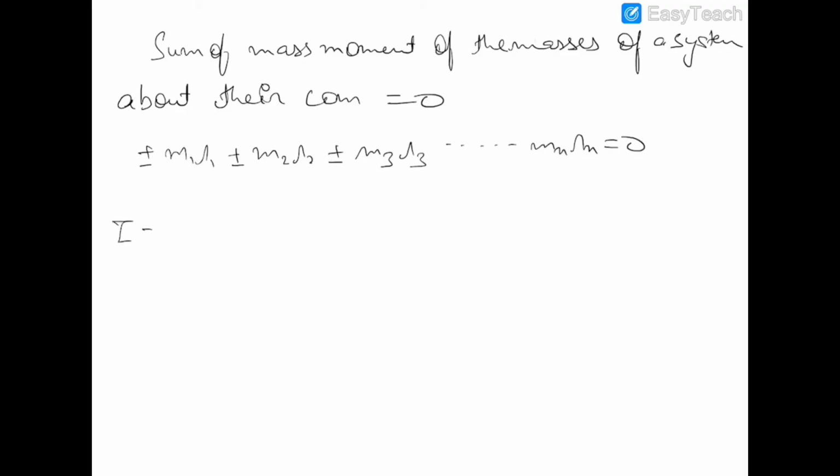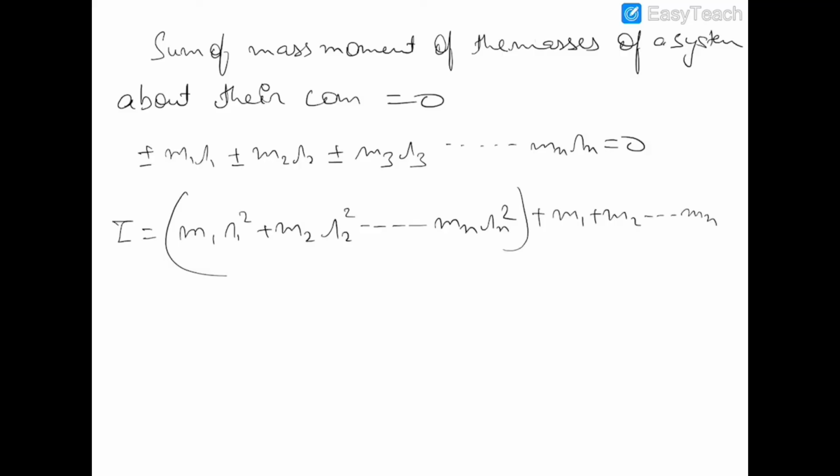So the remaining terms would be m1 r1 square, m2 r2 square and up to mn rn square plus m1 plus m2 up to mn into d square.